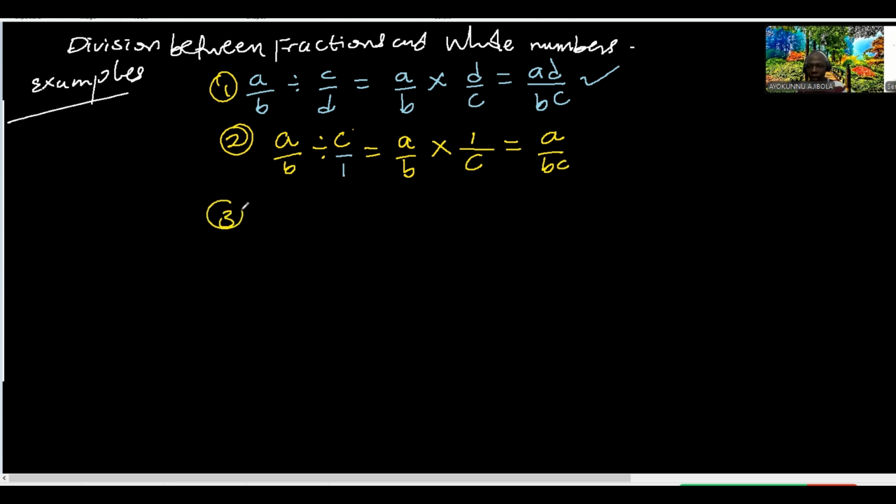But if it's a whole number divided by a fraction, what you would do is write your whole number and put times. Then what will I write now if I must flip the fraction since I've changed it to times? Will I still write B over C?